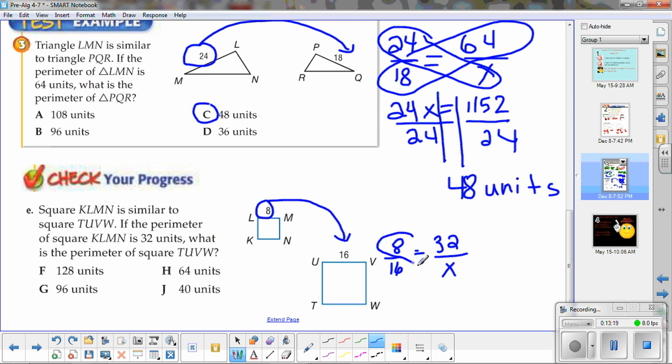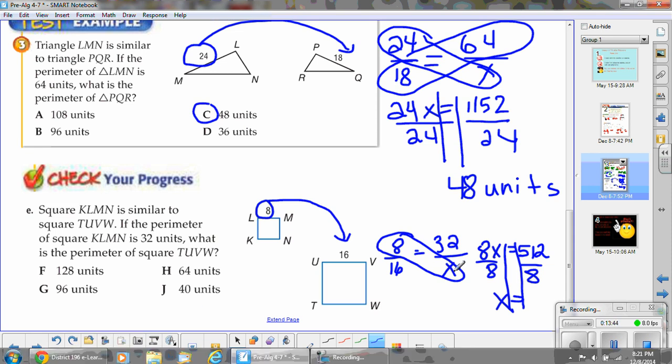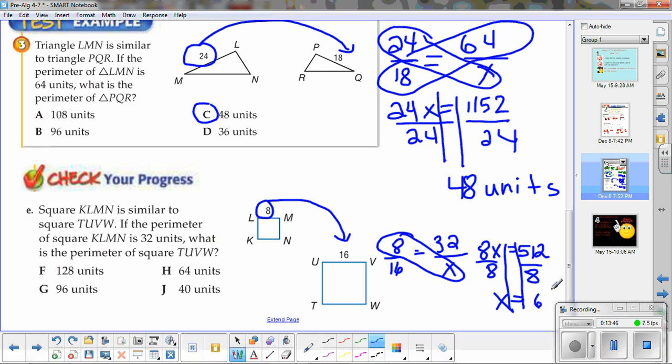So we have 8 times x, which is 8x, equals 16 times 32. 16 times 32 is 512. Divide both sides by 8. And you get x equals 64. 64 units is the answer.